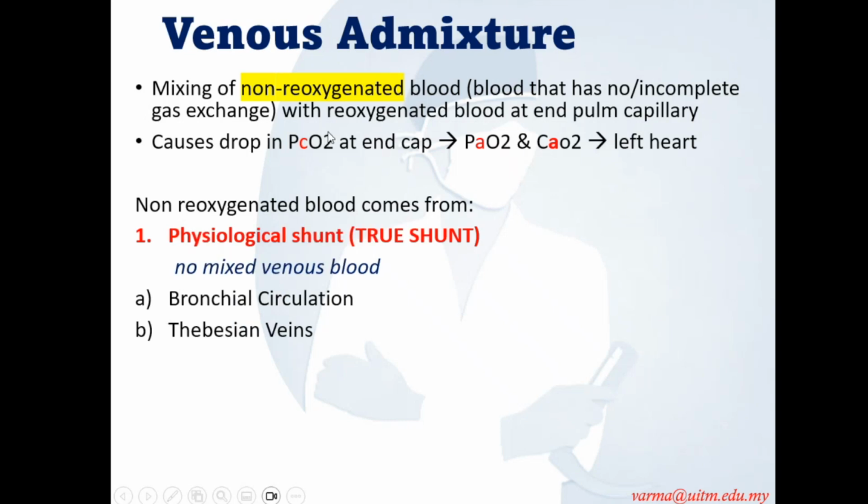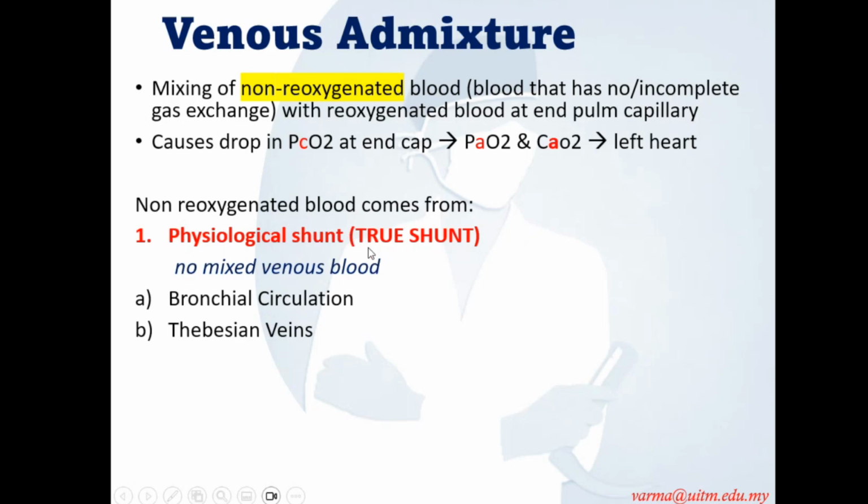It can come from physiological shunt, which is shunt that occurs in all of us. It is physiological. It is there. It is not a mixed venous blood. It is not mixed from the systemic circulation. It comes directly from the bronchial circulation and Thebesian veins. They are very minute, but this is the reason why we don't get an ideal VQ as well, because there is some amount of shunt.